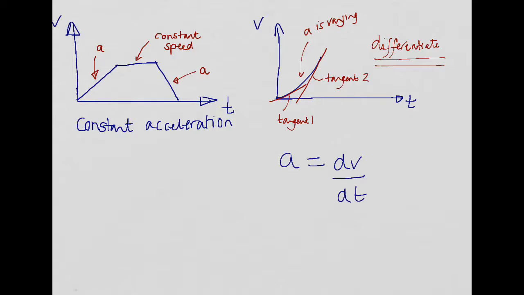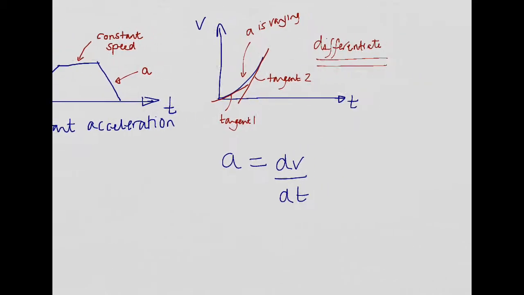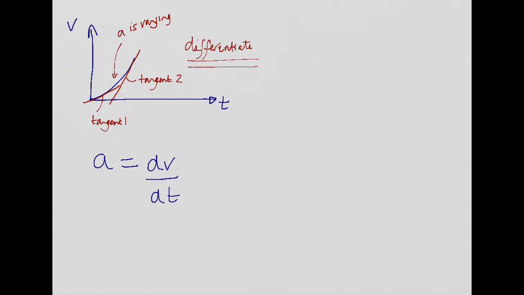But what about if I move this on slightly and I think about a displacement time graph? So if I had, for example, S against t, again, it can be a curve.